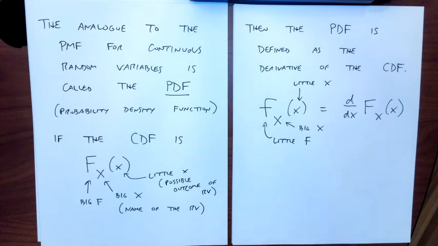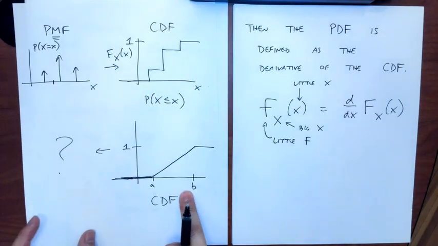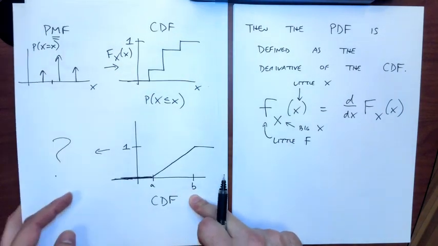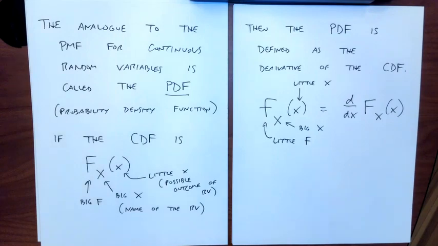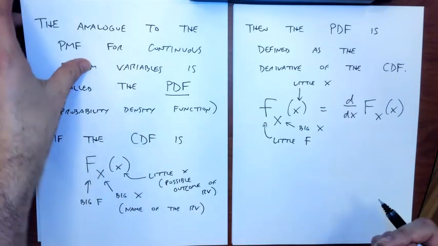And so, for example, let me just follow that conclusion, right? What would happen if I were to actually take the derivative of this CDF? What would the PDF for the uniform random variable look like? So let's do that as an example.